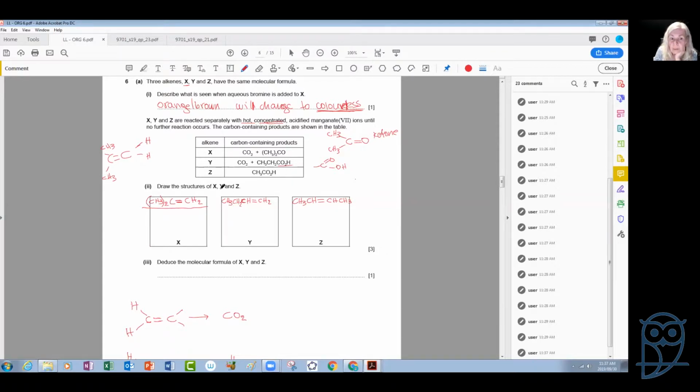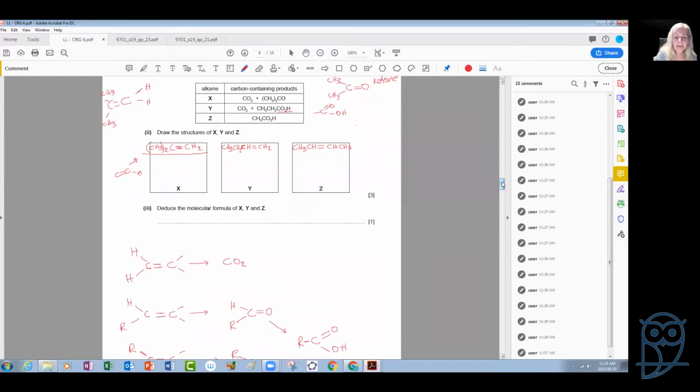The second, Y, you see comes again from a carbon where the product is carbon dioxide again, which means again that one of the carbons of the double bond is connected to two hydrogens. So this carbon dioxide comes from this part, and the other part gives a carboxylic acid, which means the carboxylic acid is the product from a carbon which is connected with one hydrogen and one alkyl group.